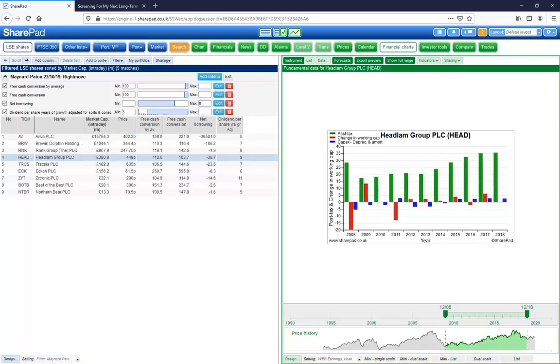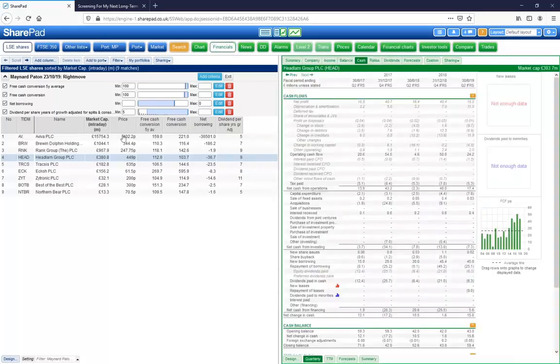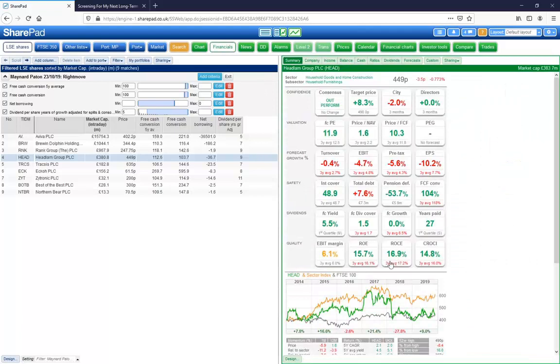Andrew O says, do you prefer ROE to ROCE, return on capital employed? Let's have a look at financials and summary. I tend to look at cash-rich businesses, where there's no debt. The difference between return on equity and capital employed is the debt. ROCE adjusts for that debt.